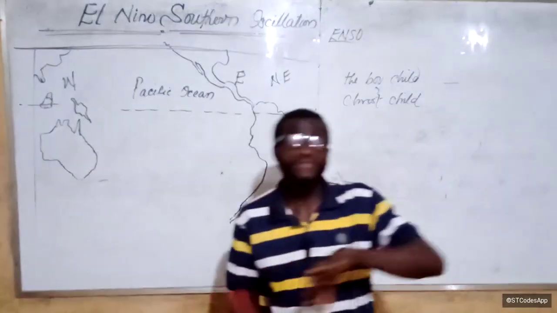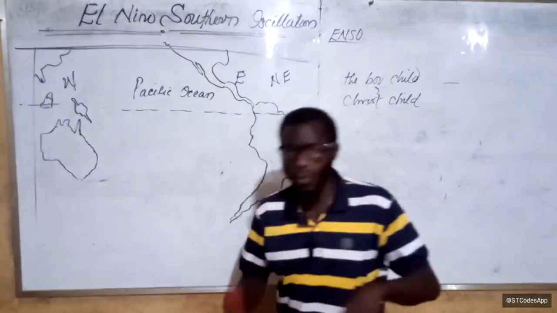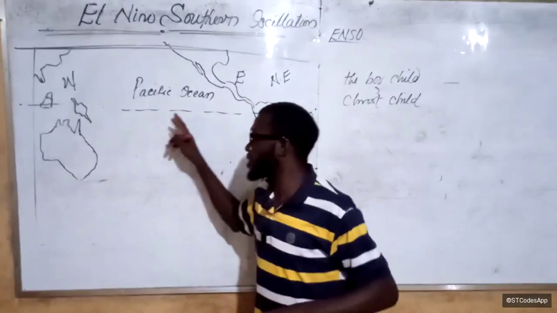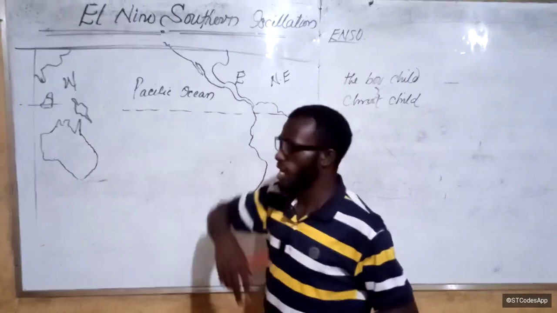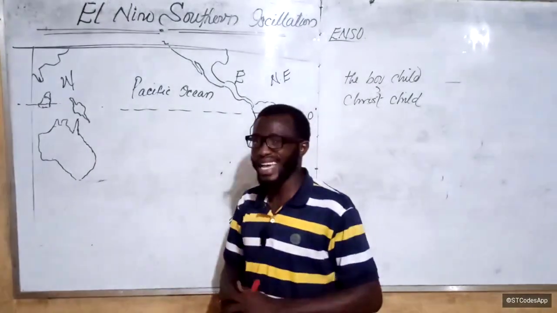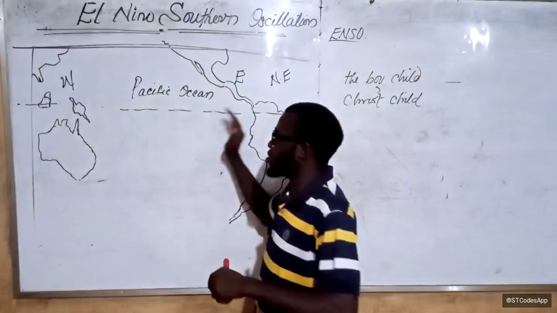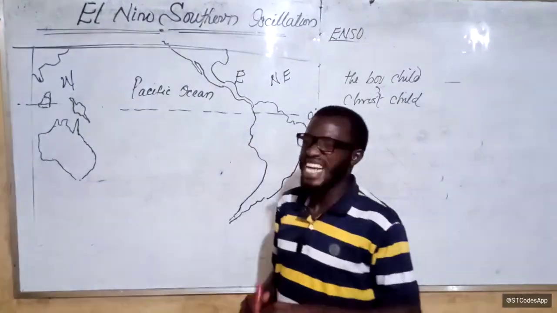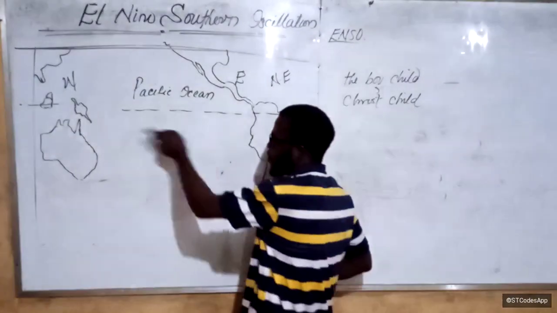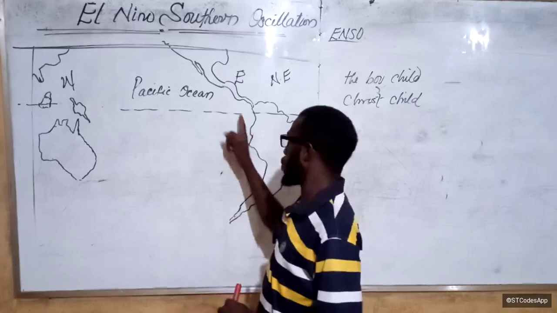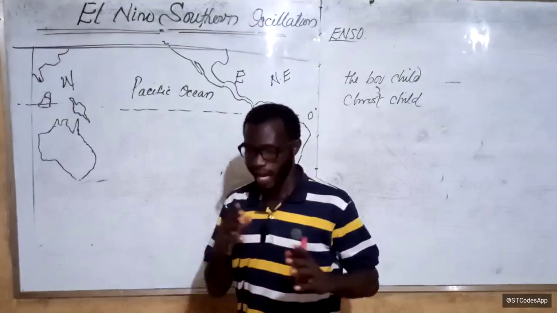At the equator, because of high insolation, it is warm, so it moves warm water. That is the normal condition, where warm water aggregates here and cold water aggregates here because of upwelling. I hope you remember that.